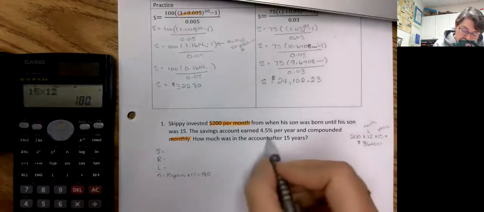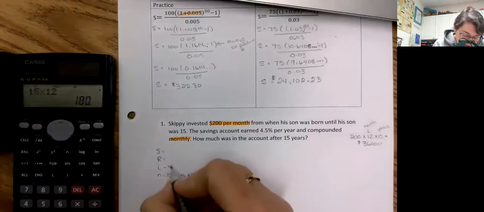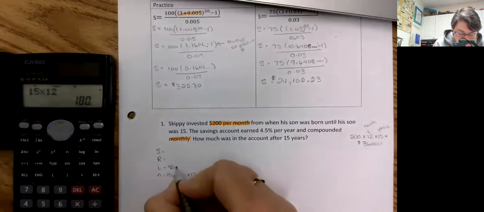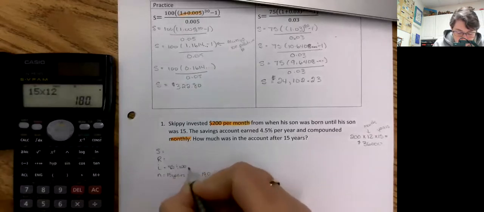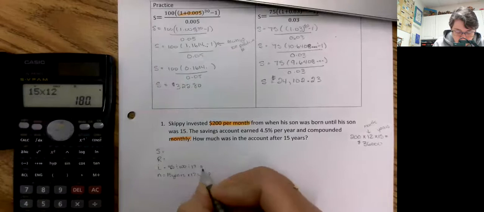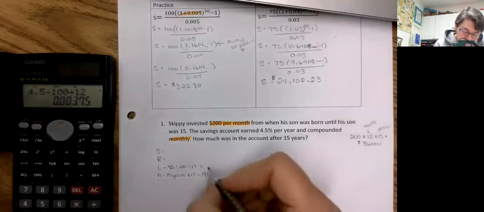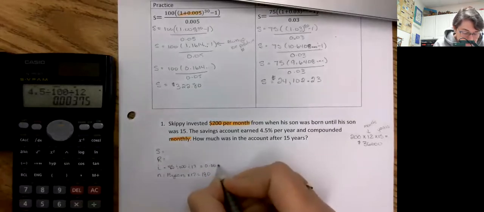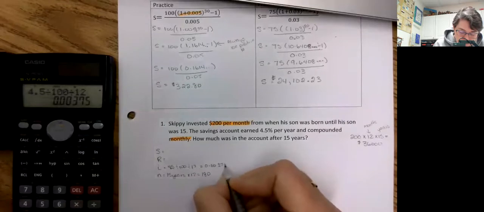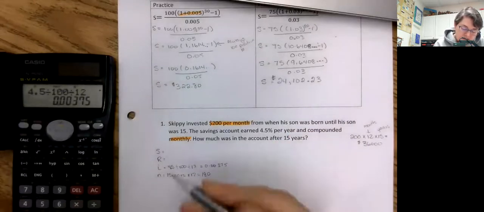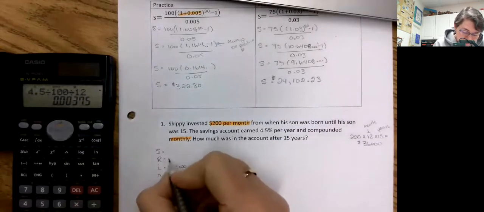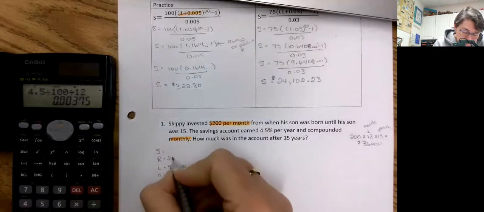Okay, so my interest is 4.5 divided by 100 divided by 12, just like before, which is 0.00375. What's different this time is R is our regular payment, that's 200.